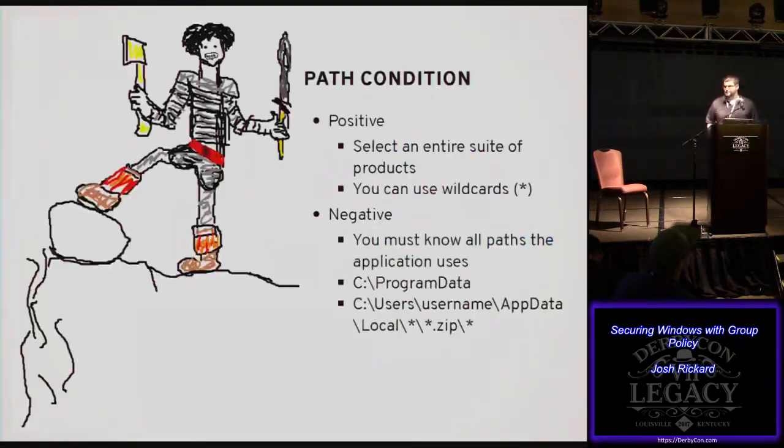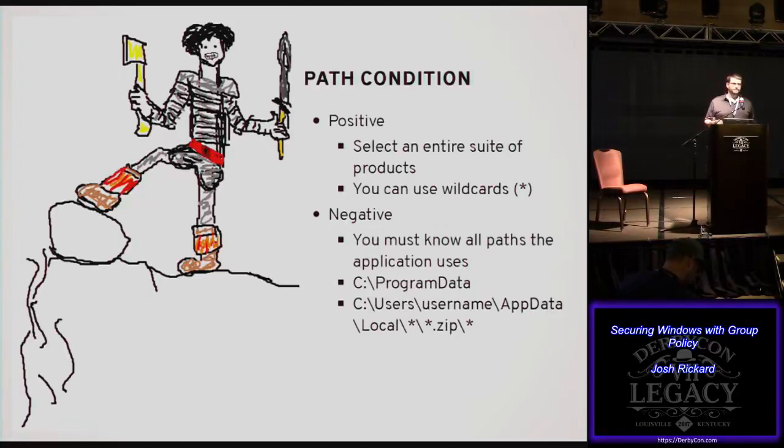So we have path condition. This is where it becomes powerful. You can actually select a full path. And you can say, all right, anything in this path, anything in Program Data, anything in Program Files, but you can actually specify zip files, right? Why would an EXE need to be in local app data?